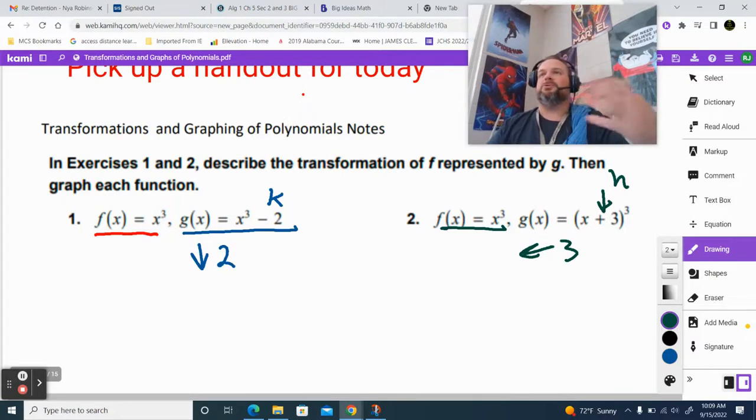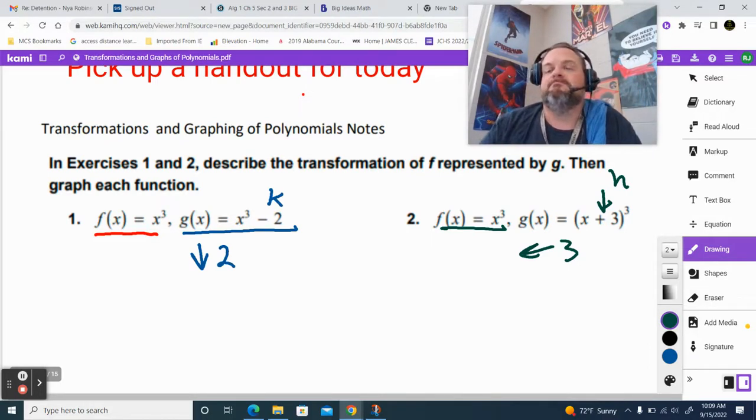So that's all we're really focusing on. We're not worried about stretch. We're not doing multiple things at once. We're just doing one thing. Basically, let's look at it like this.